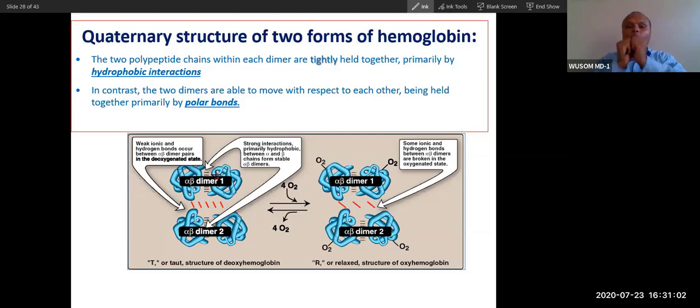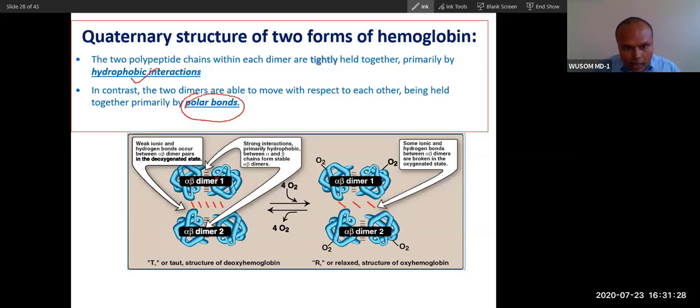So alpha beta dimer formation is predominantly because of this hydrophobic interaction. And these two dimers come together and attach with each other by ionic bond. I will tell you what type of ionic bond is present here. This ionic bond is called polar bond.